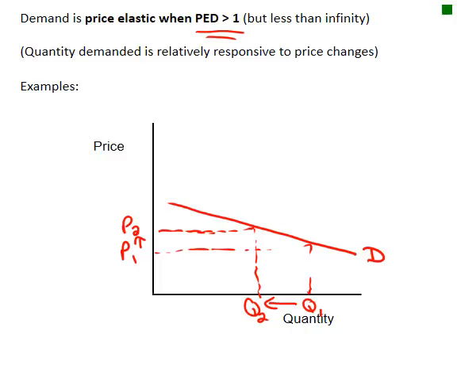This is P2, and this is Q2. So once again, in terms of relative changes, we have a relatively small change of price and a proportionately greater change in quantity demanded. So we say that it is elastic demand because it's relatively responsive to a change in price.